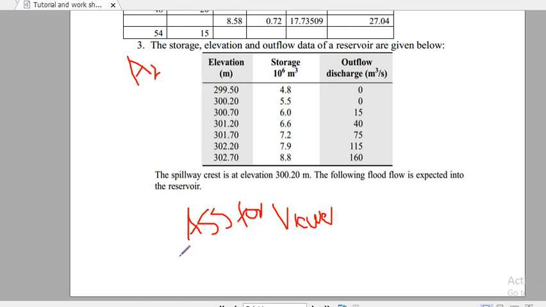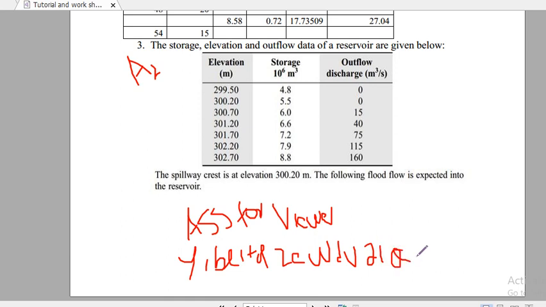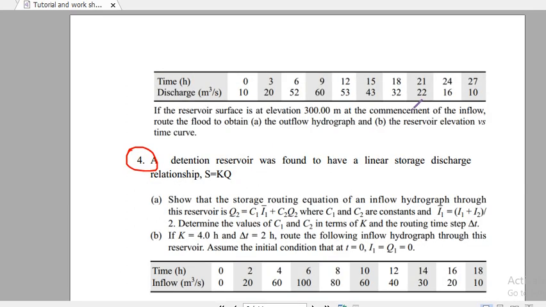So you can submit by this email, at gmail.com. You can send it after computing your value to this email.